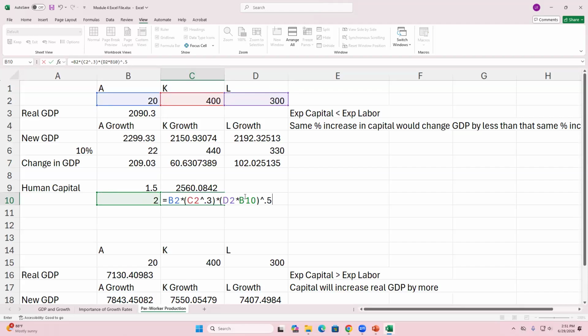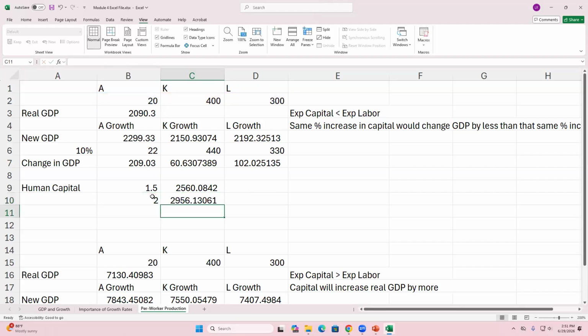If I do this, as I make higher investments into human capital, my real GDP goes up by even more than it was before. So this shows the importance of human capital investment and how much it is going to increase our GDP.